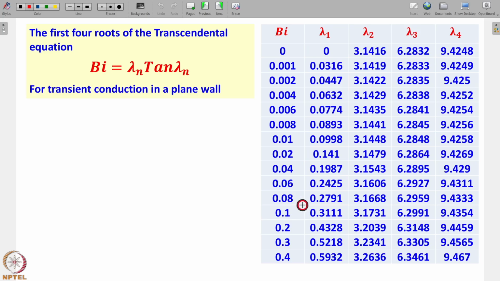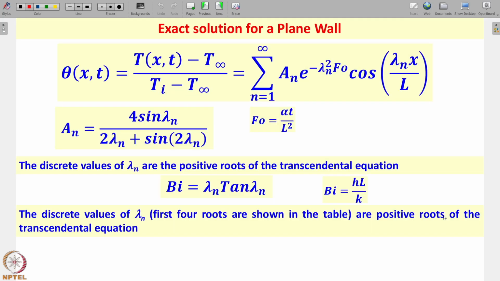So if you know the Biot number, you can get these roots, and once you get the lambda n, you can go back and calculate the A n using this relation, and once you get A n at any Fourier number at a given location x, you can use this series. It is a series solution.